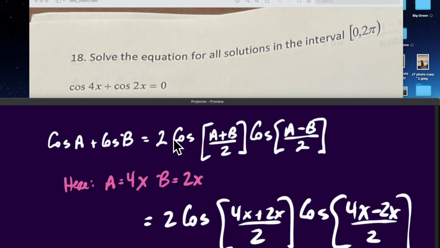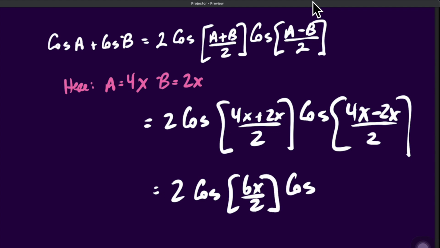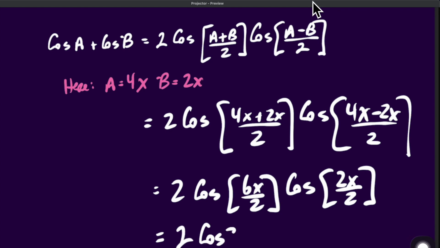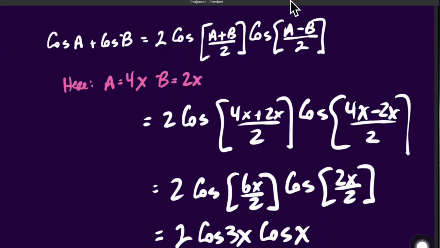And when we simplify, we're going to have 2 cosine of 6x over 2 times cosine of 2x over 2. We're going to simplify each of these fractions, and we're going to end up with 2 cosine 3x cosine x. And recall, originally this was set equal to 0.